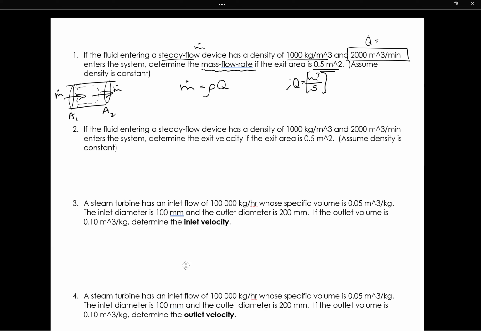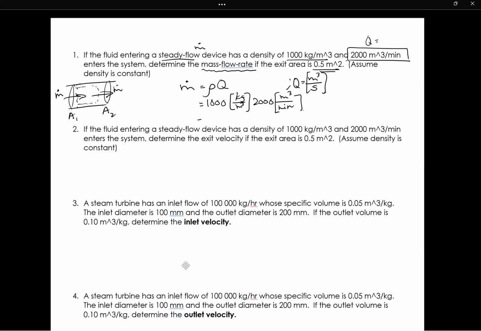And density is constant. And what fluid did I say? I didn't say fluid here. Let's assume that it is water. And then this is all we do, 1,000 for water, and that would be kilograms per meters cubed, times the flow rate, which is 2,000 meters cubed per minute.